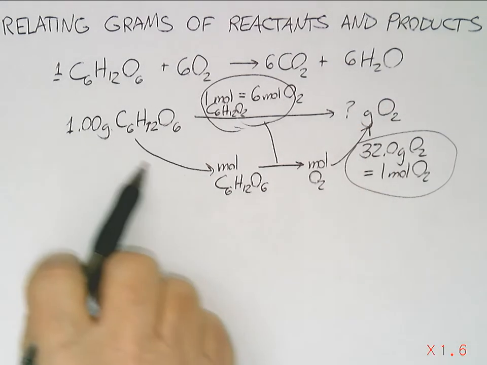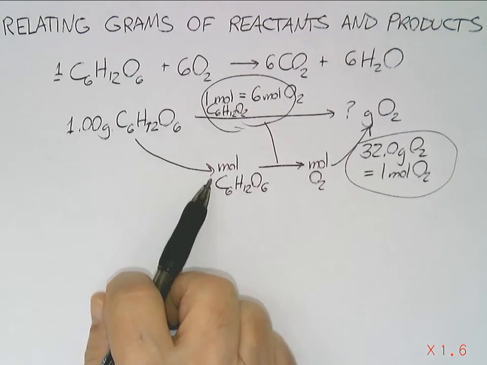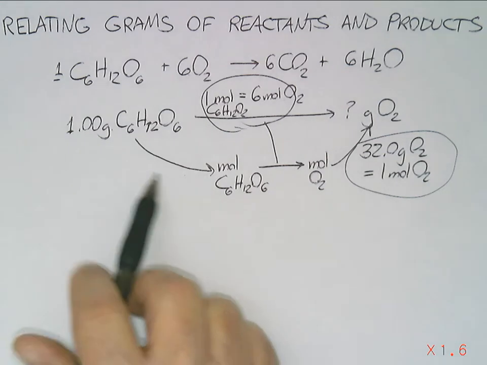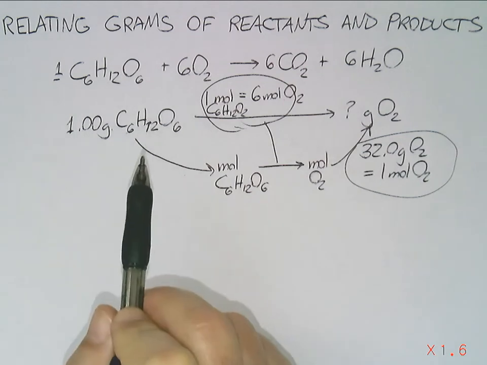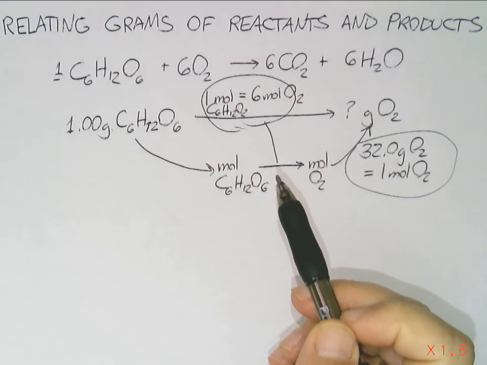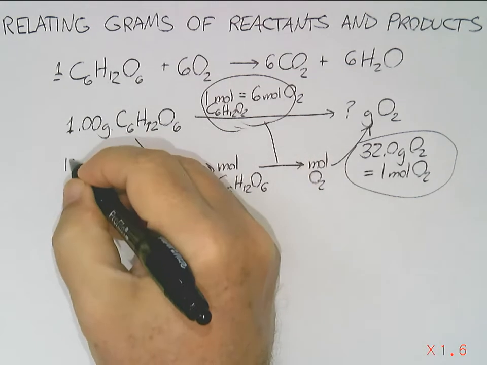How about this step? I need to go from grams of glucose to moles of glucose. So I need a molar mass there too. So let's see, 6 times 12, 72, plus 12, plus 6 times 16 is 180.